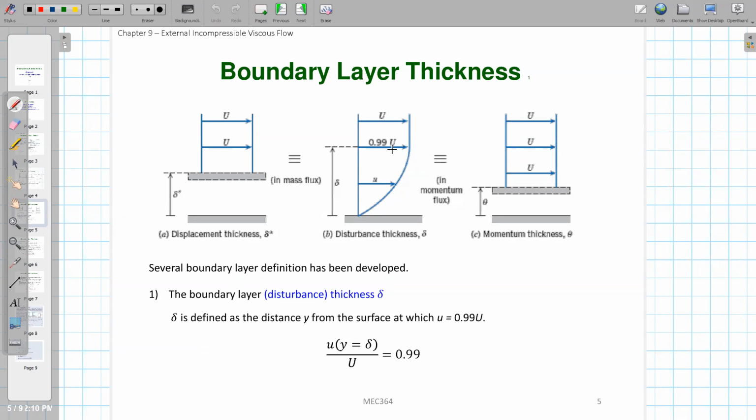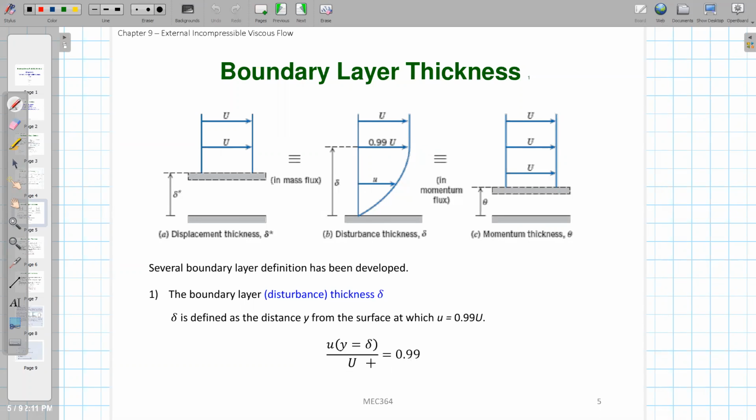So the first definition of the boundary layer thickness is just using the velocity profile to define it. Delta is defined as the distance y from the surface at which u will be 0.99 of the larger U. In other words, if we write this as a math equation, it will be u at y equal to delta, over larger U, equal to 0.99.